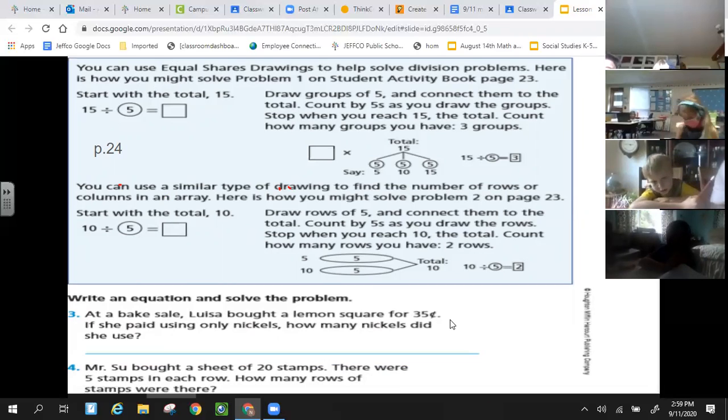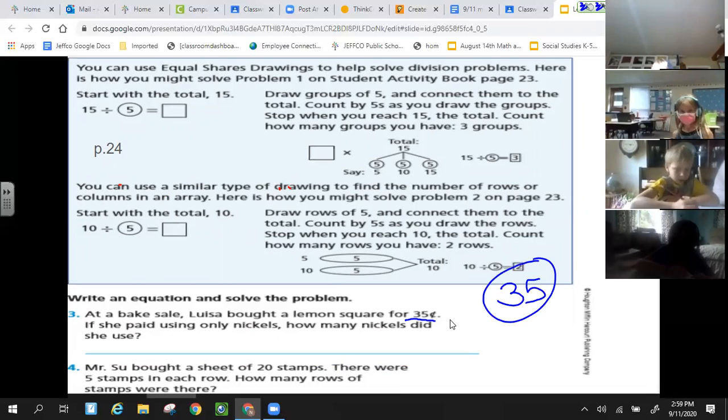All right, let's start. 35 cents is your total. Put it at the top. Now, we know she's paying with nickels. That's 5 cents. She's at this bake sale. I'm visualizing it. She bought a lemon square. That sounds so delicious. Start your equal shares drawing.